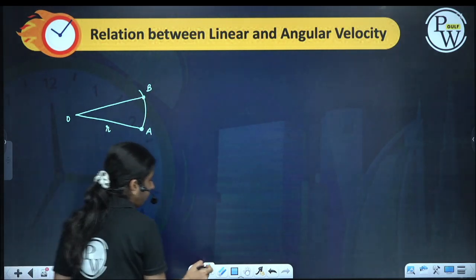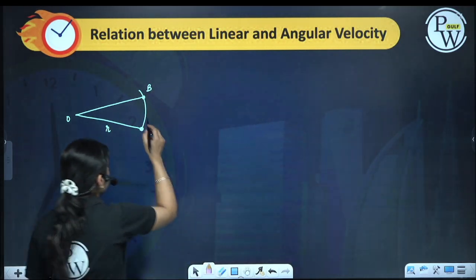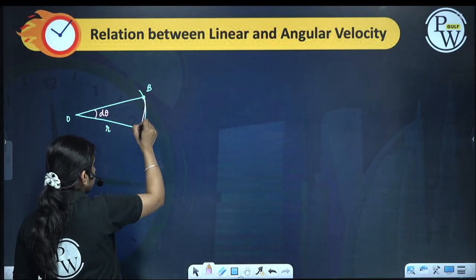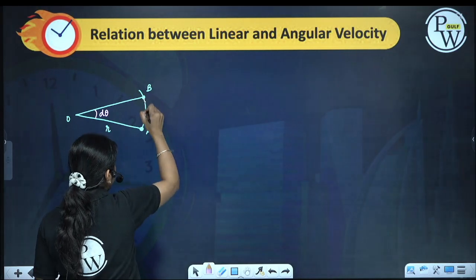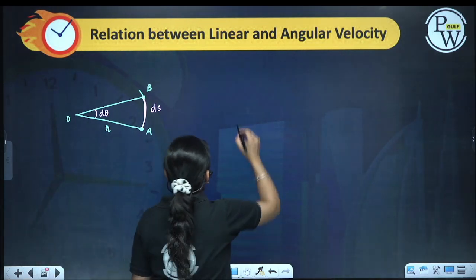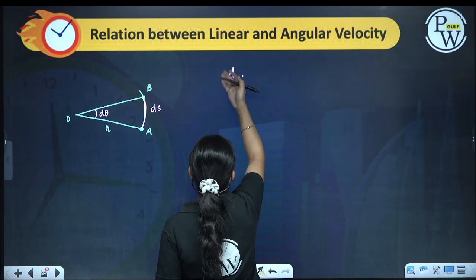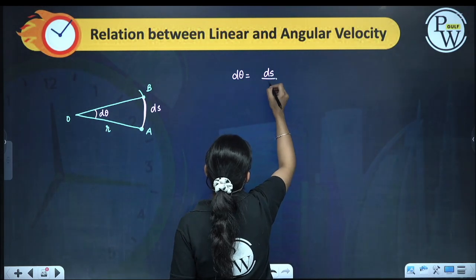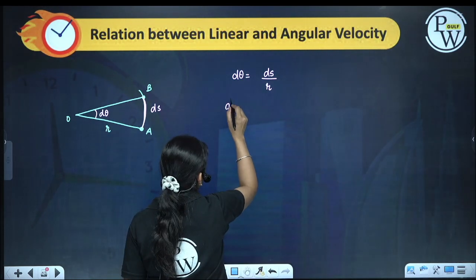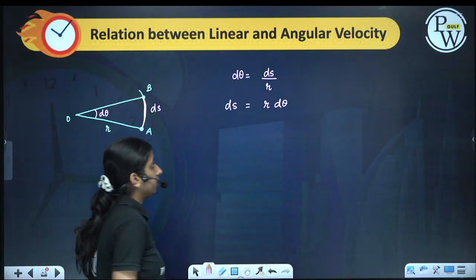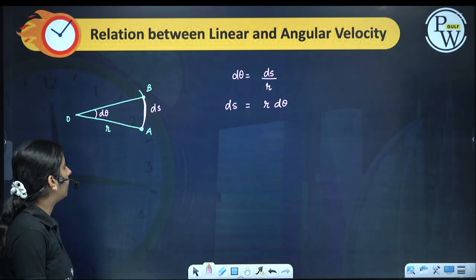Now in a small time dt, it swept an angle d theta, and the arc length covered is ds. From this we know that d theta will be equal to ds by r. So from here we can write ds is equal to r d theta.